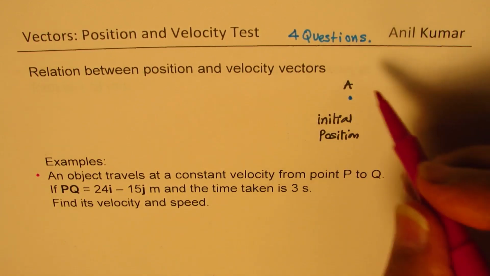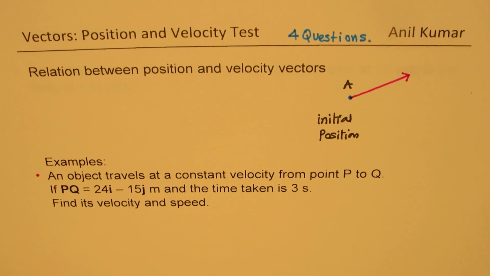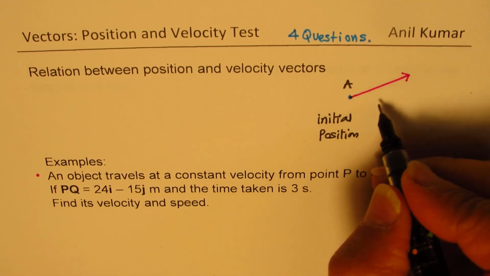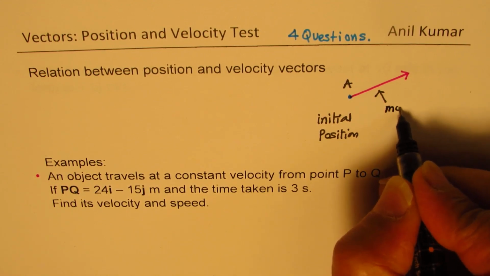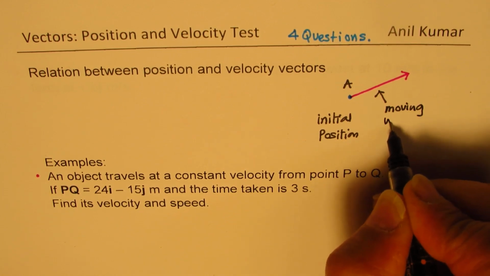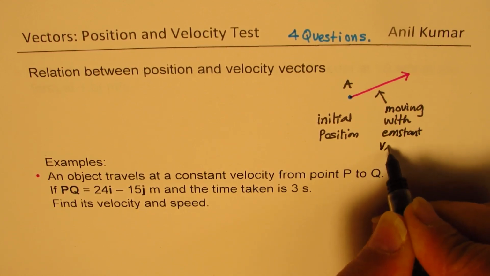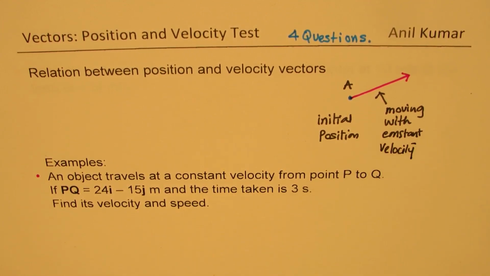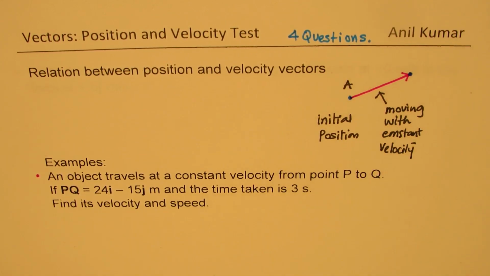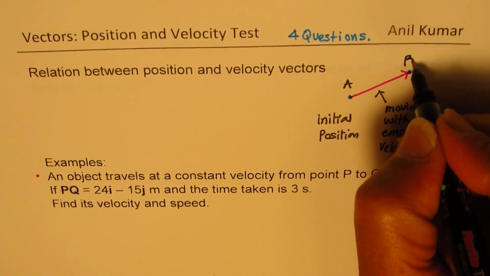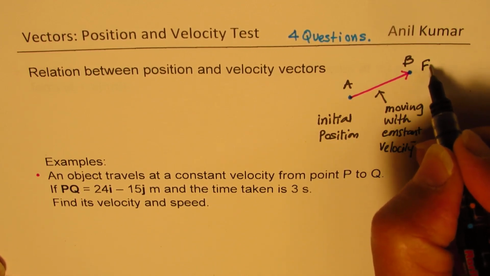And let us say that this object is moving in this particular direction with some constant velocity. Okay. So after some time, let us assume that the object reaches point B. Correct. So in that case, let's say this is our final point.